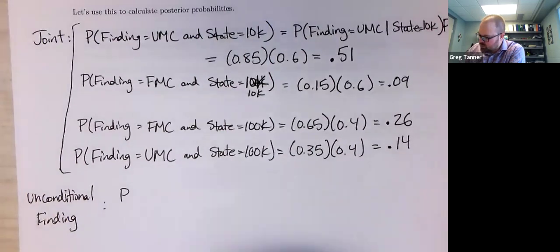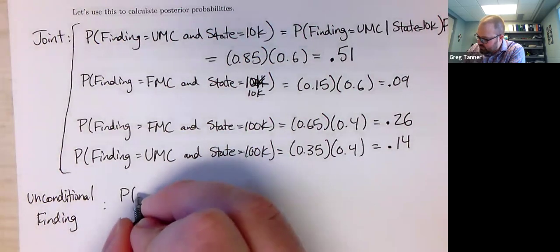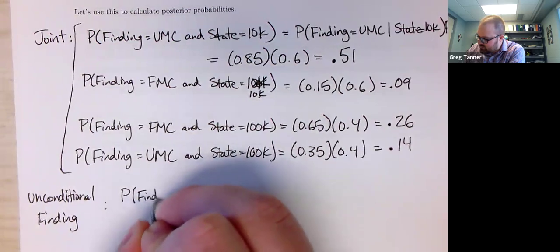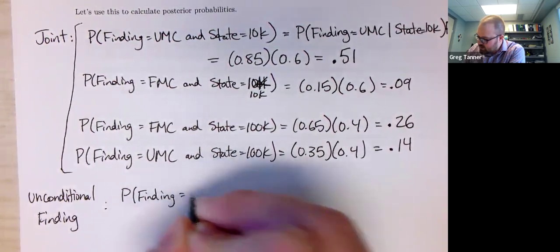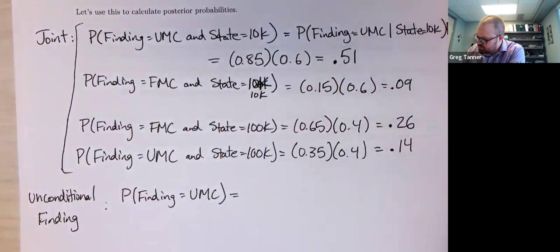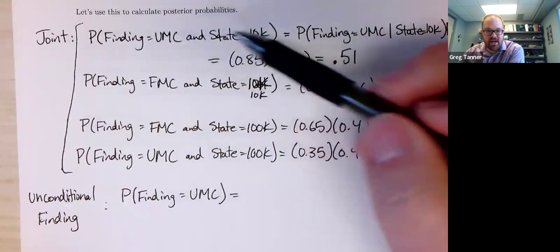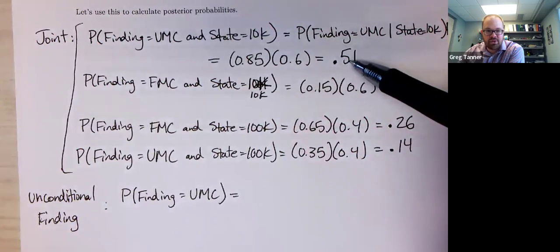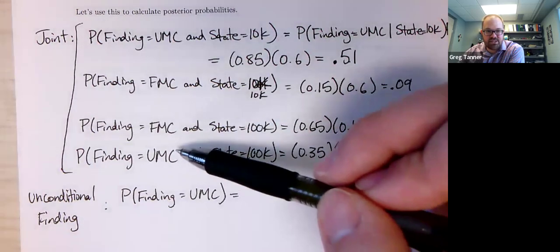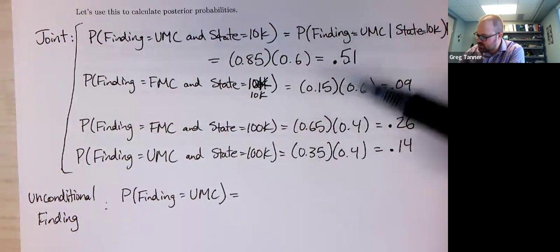So we'll write these as probability of a finding. Probability finding equals UMC is going to take the probability that it's UMC and state equals 10K, plus the probability that it's UMC and state equals 100K, and add those two probabilities together.